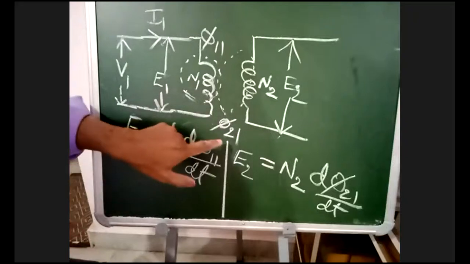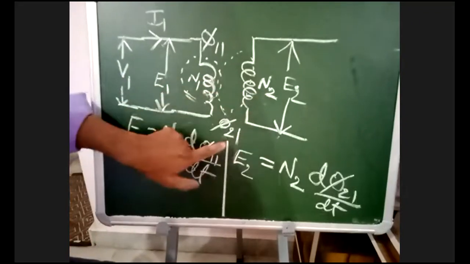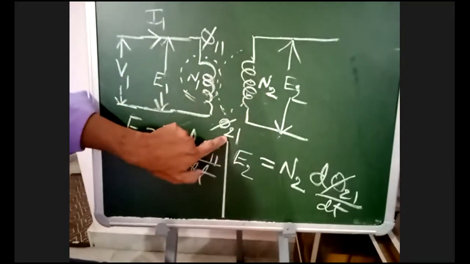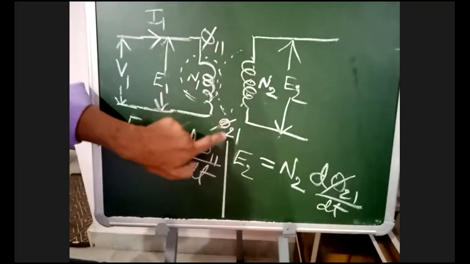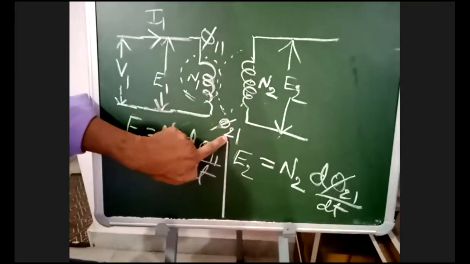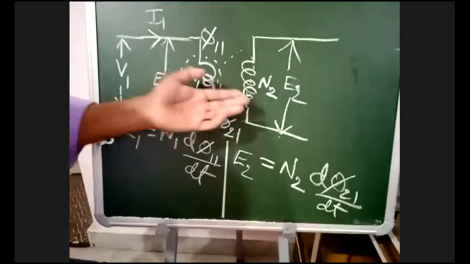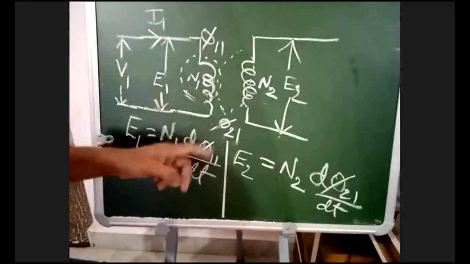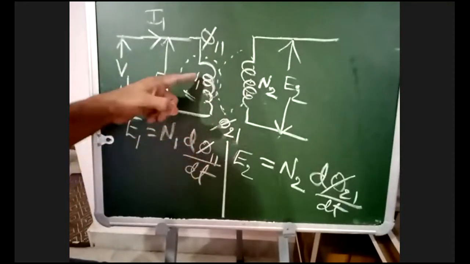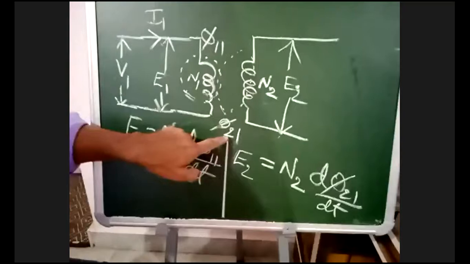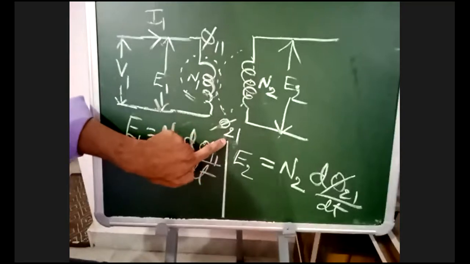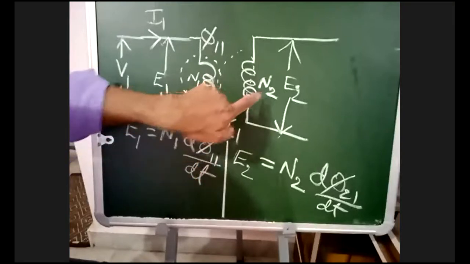See here, in the secondary coil N2, flux is developed in the second coil due to the first flux. Suppose if the reverse happens, then Phi12. Because of the first flux, Phi21 is the flux in the secondary coil.